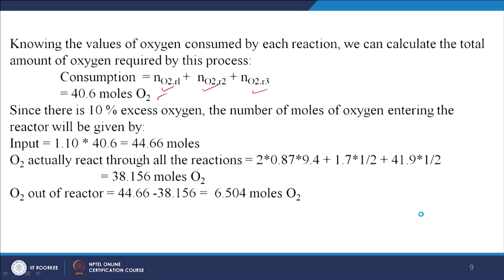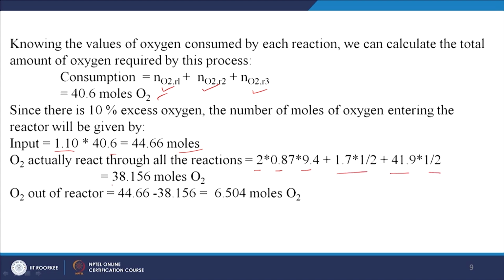Now this is the stoichiometric requirement. Now, 10% excess has been provided. So, what was the oxygen provided? 1.10 into 40.6 moles, that is equal to 44.66 moles. So, that much oxygen is provided. Oxygen actually consumed equals 87% for methane conversion, so 2 into 0.87 into 9.4, plus 100% of carbon monoxide and hydrogen, so 1.7 into half plus 41.9 into half.